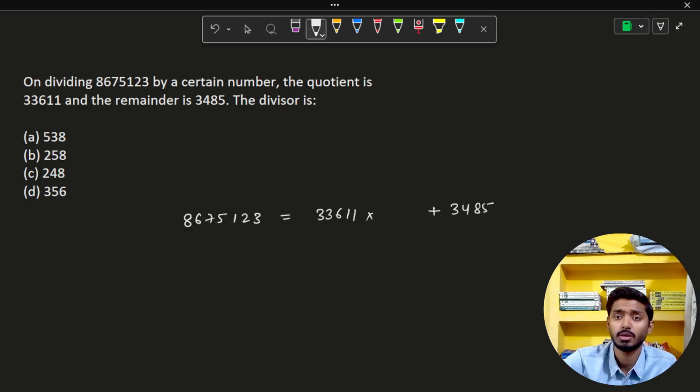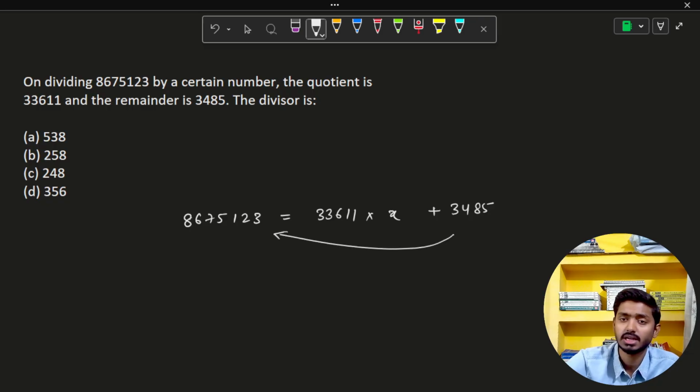We do not know about the divisor. Anyway, we are supposed to solve this. What we'll do is move this to this side and subtract it. That will be 8364768. And over here it will be same as over here.